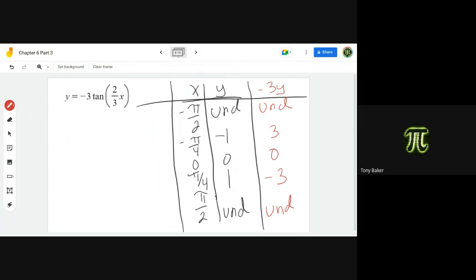What am I going to multiply the x by? 3 over 2. So this becomes negative 3 pi over 4, negative 3 pi over 8, 0, 3 pi over 8, and 3 pi over 4.